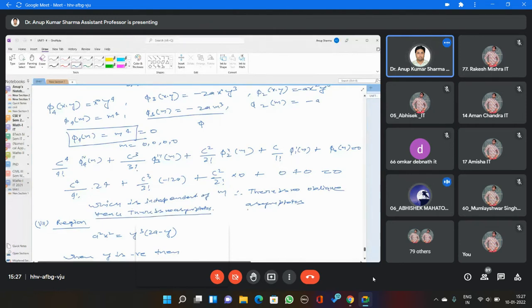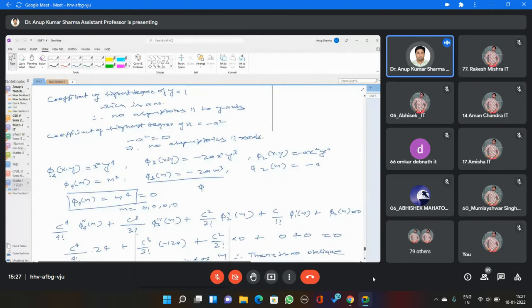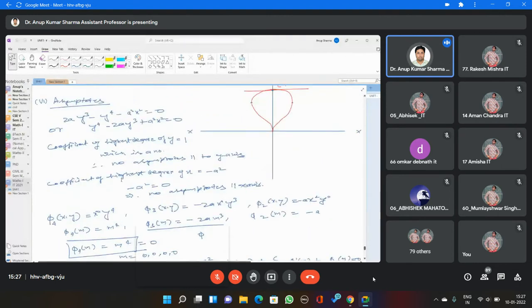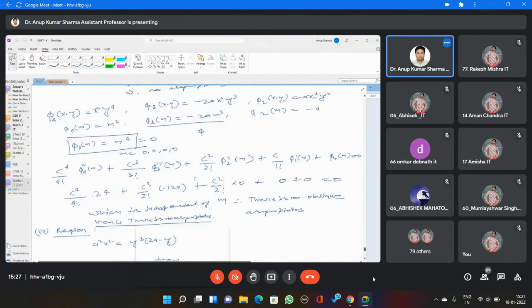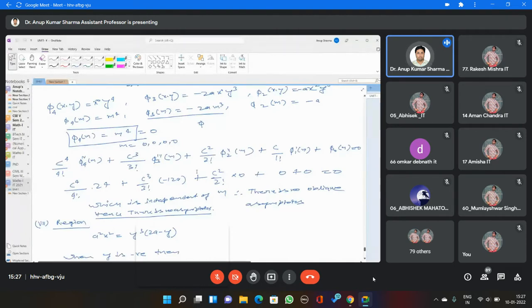Sir, in the exam, do we need to show that there is no asymptote by writing all these things? You show this, it is good, no issue. Just write the line at least, because parallel to y and x axis is easily visible by the constant term. For the oblique, you do something, it's better for you, because already I discussed an asymptote, so that's why I'm directly writing here.